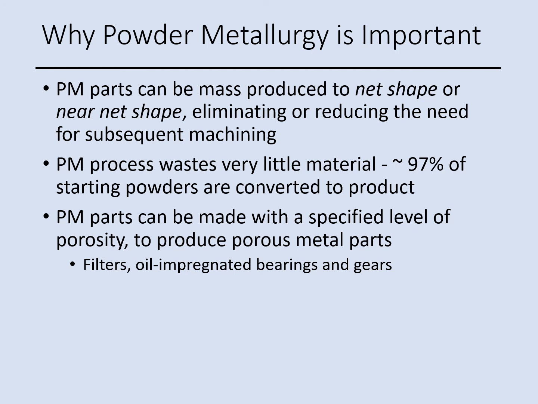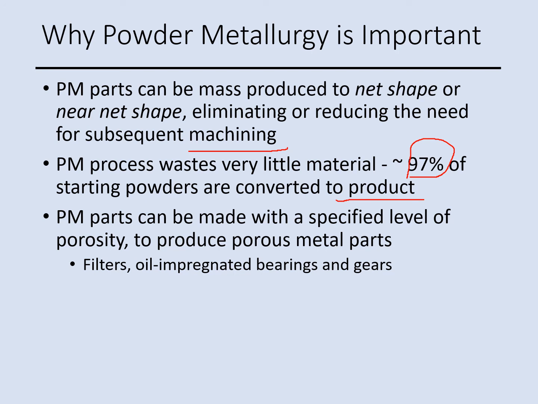If you remove one process, for example machining, you can save a lot of cost. The next advantage is that it has very little waste material. Up to 97% of the powder we use in PM technology can be converted to the final product.